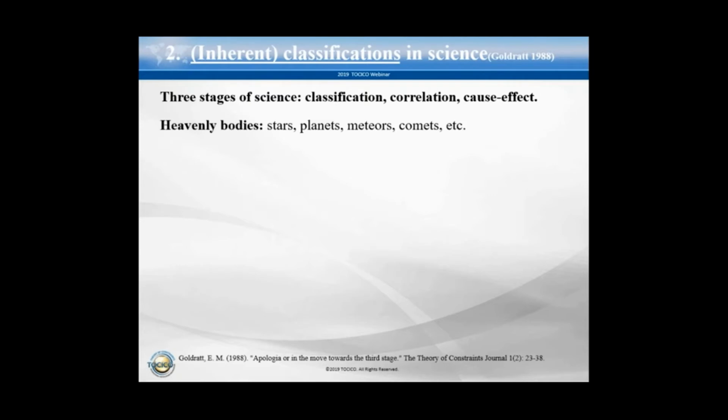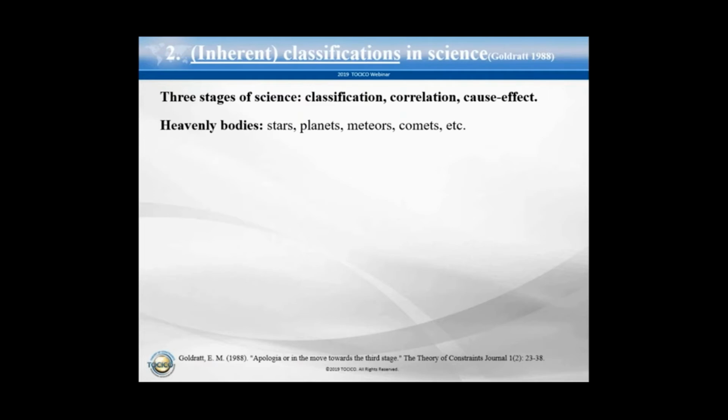Inherent classification in science. In 1988, in the Theory of Constraints journal, Goldratt wrote about the three stages of science: classification, correlation, and cause and effect. And that a science becomes a true science when it's at the cause and effect stage of science. He discussed classifications in science.